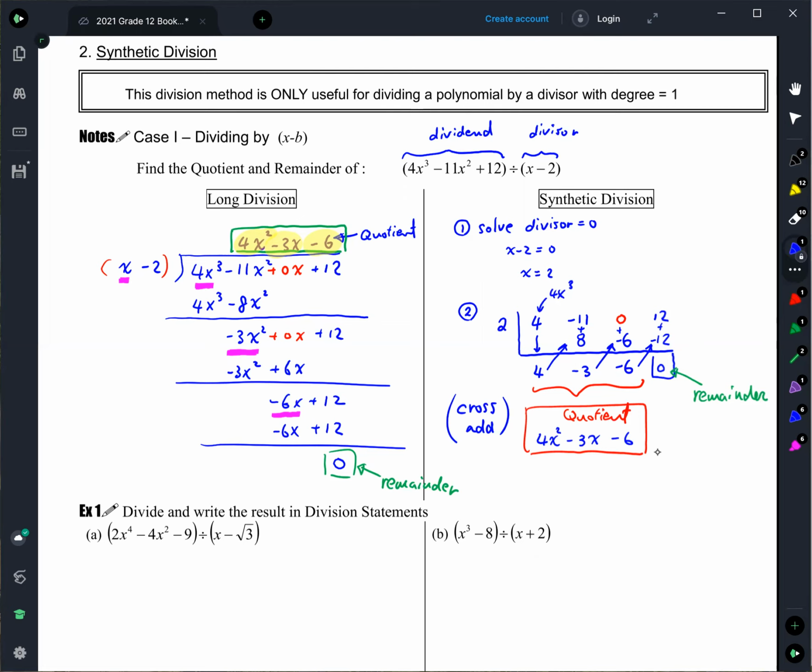If the dividend is x to the 4, then your quotient will be x to the 3, right? It will be 1 degree lower. Does that answer your question? Yes. So if it was x, would it just become a normal number then? Yeah, it will go down. But in that case, they probably won't even ask you to divide because it's too small. Usually you get at least x squared divided by something with x. Okay, I see. Thank you.